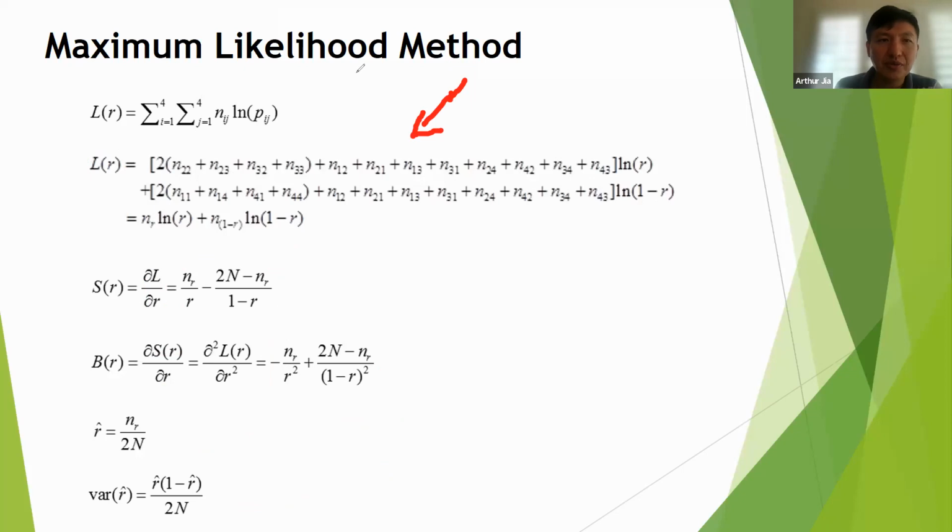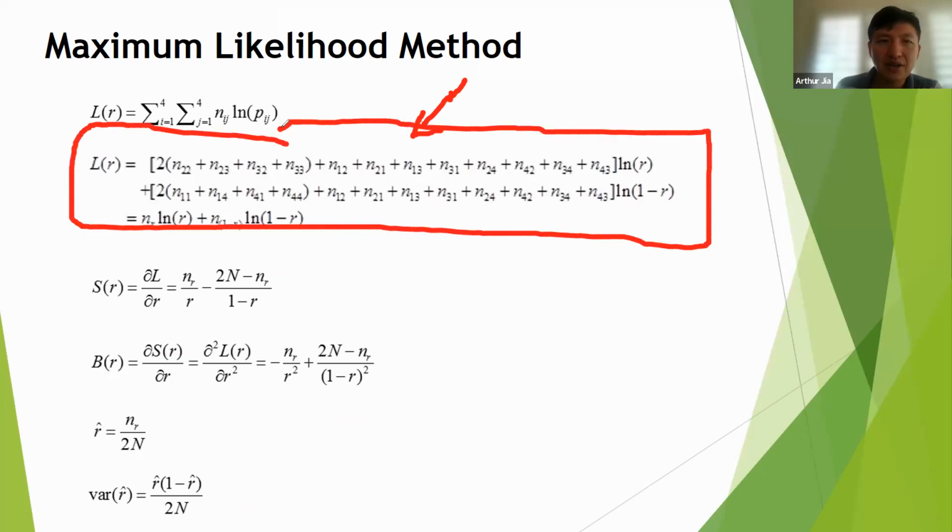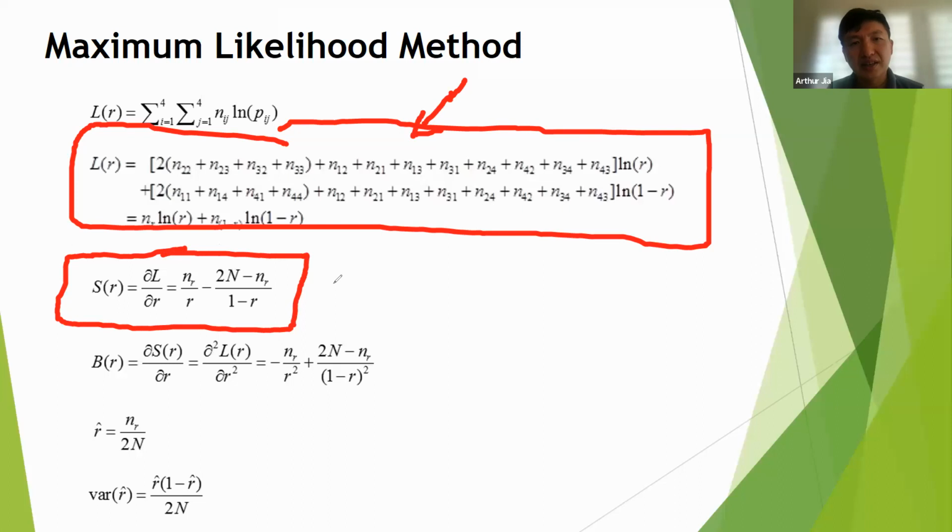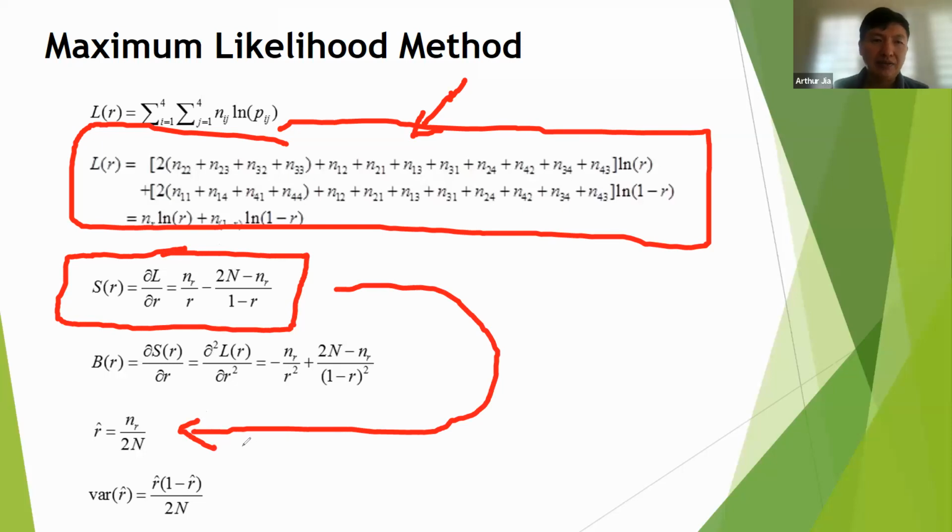You need to correctly show the likelihood function. You need to do the score function, the first derivative of the likelihood, set it to 0 and solve the equation. You're going to get the MLE. After that, you go one step further, do the second derivative and get the variance of this estimation. Then you got the scores.